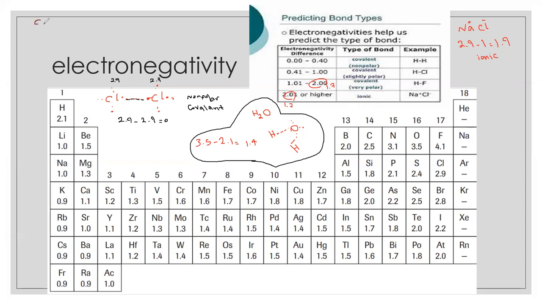CO2. The central atom is C. We know it has 4 valence electrons. Oxygen has 1, 2, 3, 4, 5, 6. Another oxygen, 1, 2, 3, 4, 5, 6.